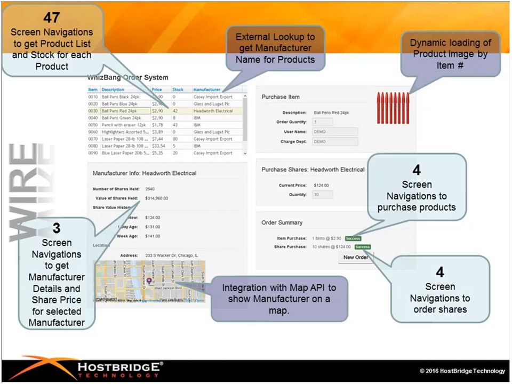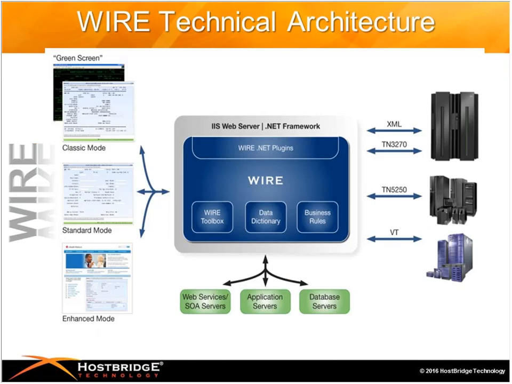Okay. All right, so just to give you an overview of the technical architecture, as I mentioned, Wire runs on IIS. It can access any of your external environments using just standard .NET-based APIs. If you've got a driver or an API for any database technology out there, you can access that through Wire.